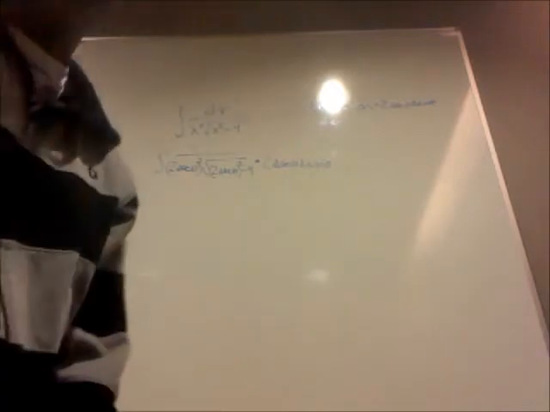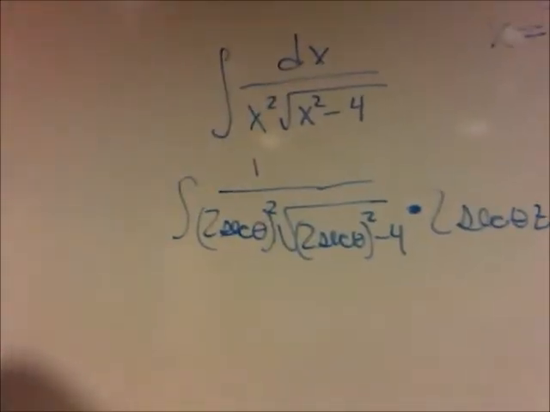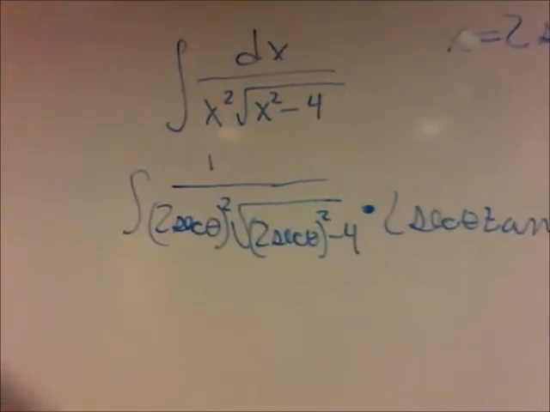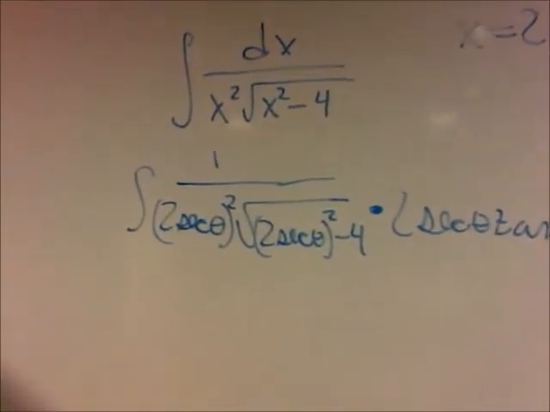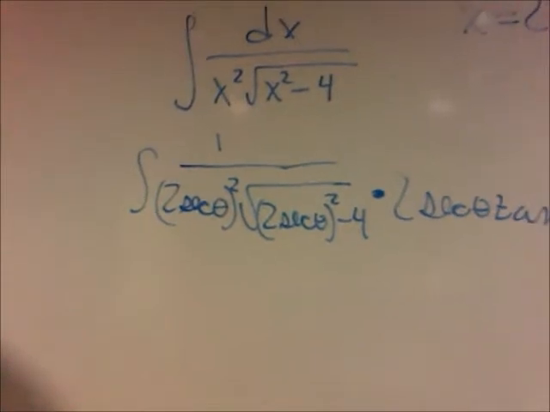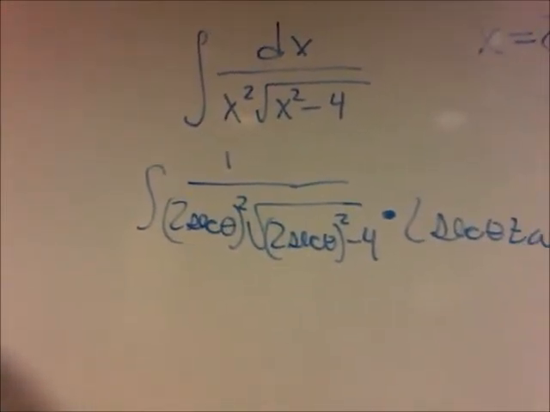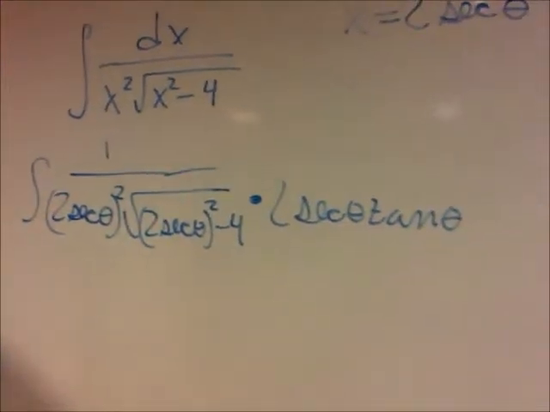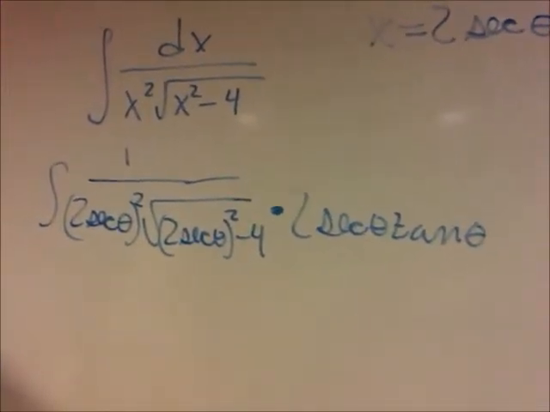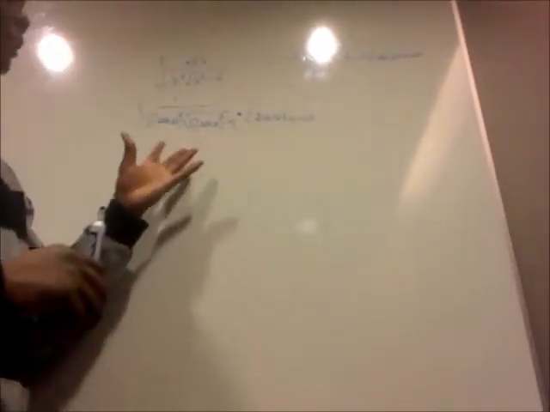So the problem now is the integral of 1 over 2 secant of theta squared times the square root of 2 secant of theta squared minus 4, all times the quantity of 2 secant of theta times tan of theta. After we do that step, we have to simplify the problem down.